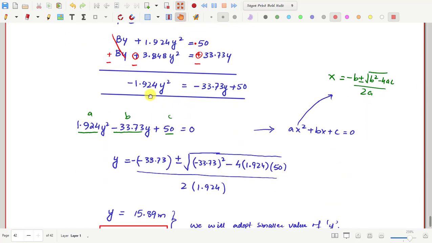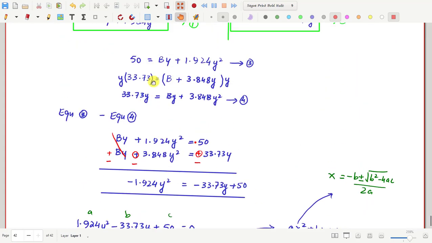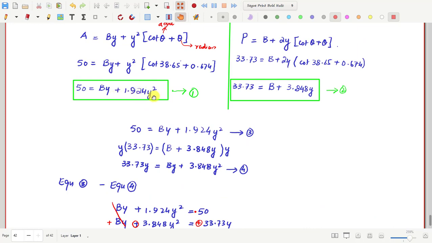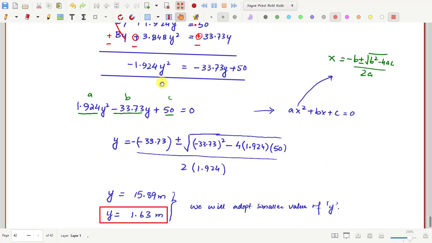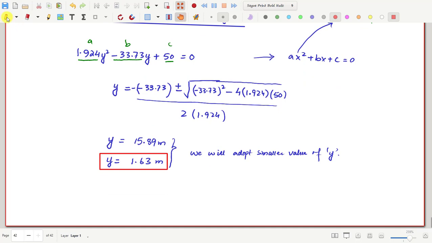So let's put the value of y, which is depth of canal, in equation number 1.